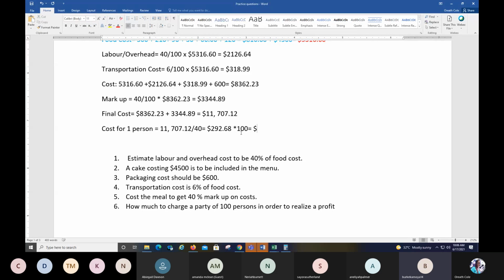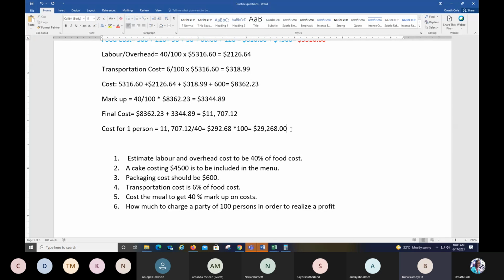29,268.00, not 2 million. I'm not talking about 2 million. Because I wrote out the number 29268.